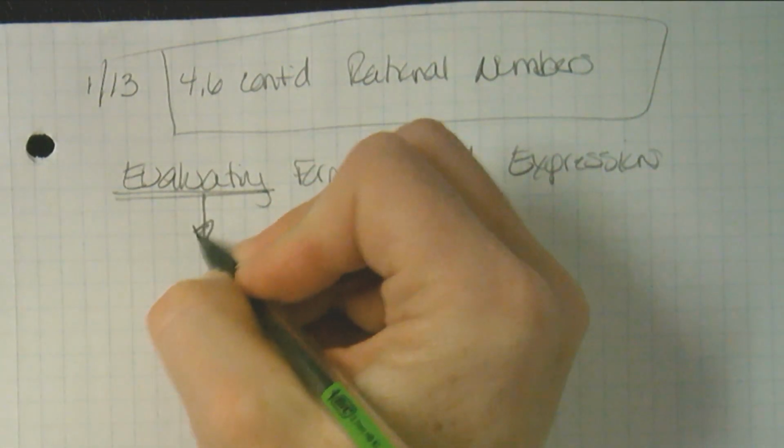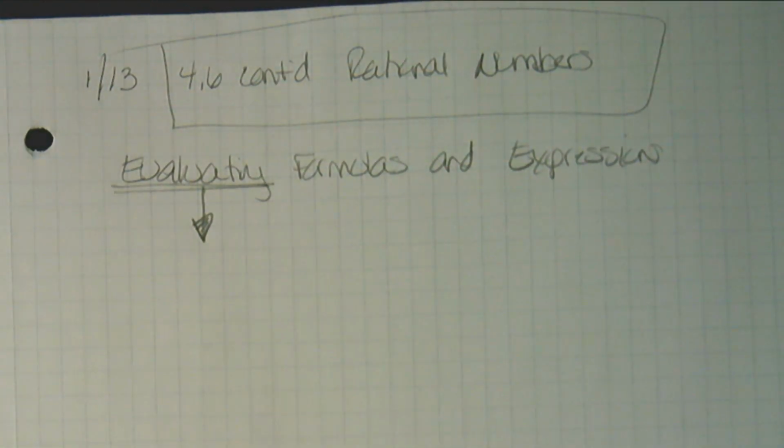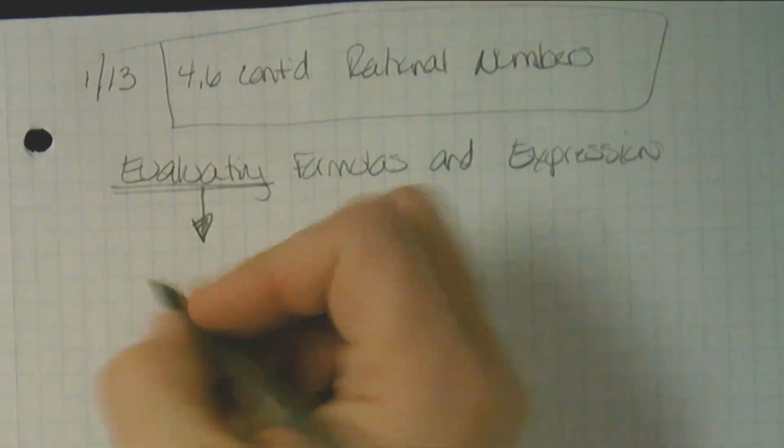When we talk about evaluating, what does that mean? If I say I'm going to evaluate a formula or I'm going to evaluate an expression, what does that mean? All right, let me give you an example.